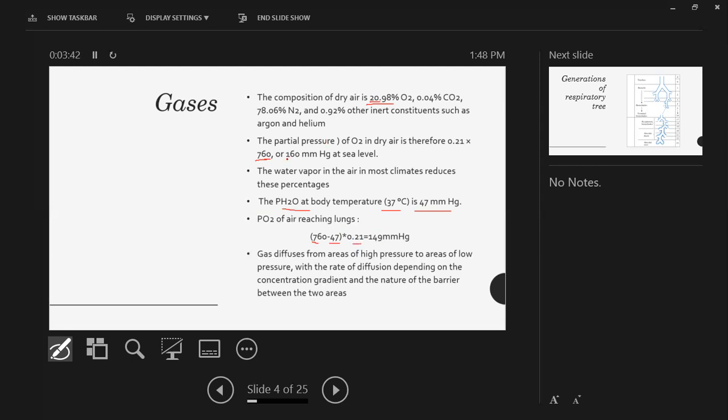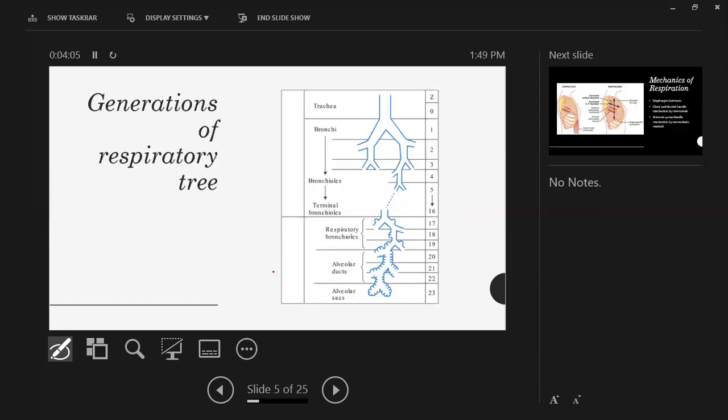So it's not 160 millimeter of mercury, it is 150, or 149 to be very specific, millimeter of mercury that is the partial pressure of oxygen in air. And gas always diffuses from areas of high pressure to low pressure, and the rate or speed of diffusion depends on the concentration and the type of barrier between the two areas.